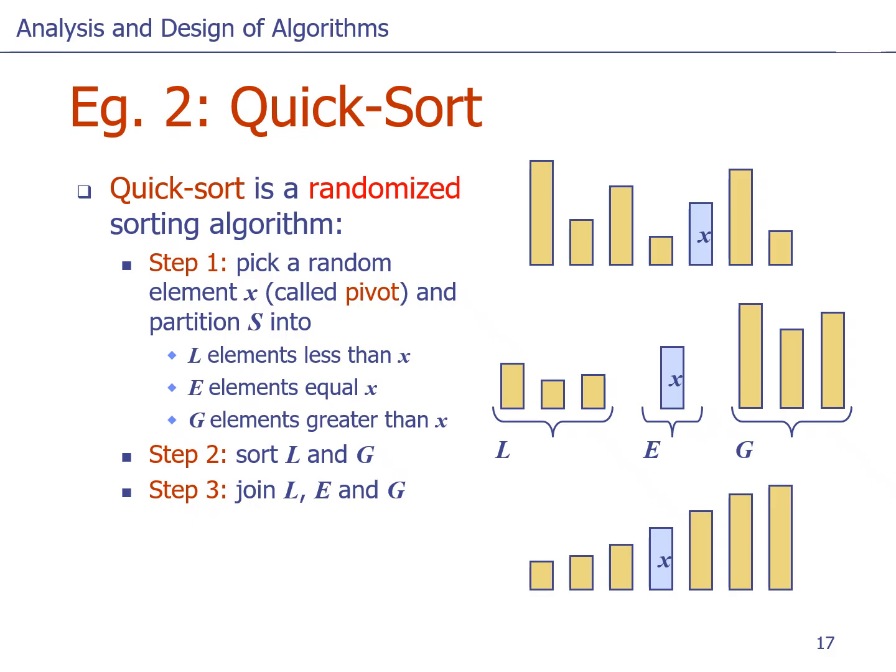Once we pick a pivot, we will make sure that all values appearing to the left of the pivot is less than the pivot, and then all values to the right of the pivot is greater than the pivot. And then that will only mean that we have accumulated values that are less than to the left and greater than to the right, but that doesn't mean that the ones to the left are sorted or the ones to the right are already sorted.